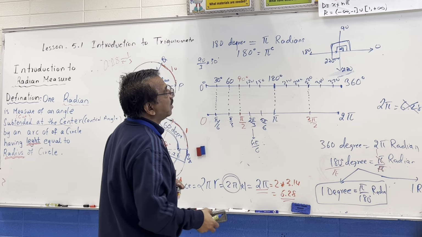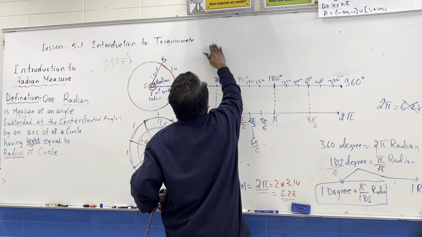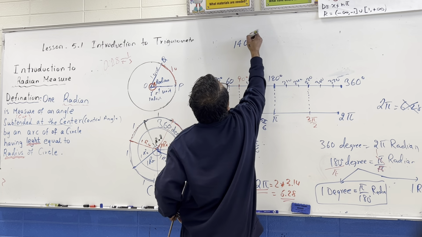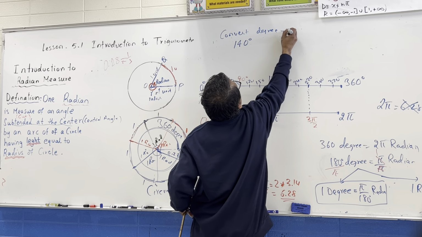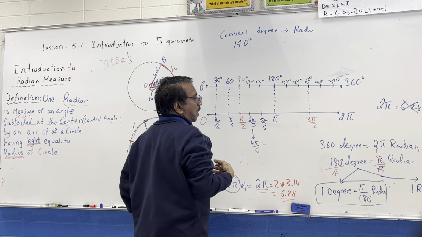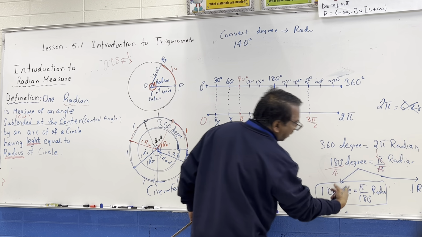And we can easily figure out any of these. Suppose I give you 140 degrees, convert from degrees to radians. So how do we do it? You just multiply by the conversion rate. So 1 degree is this.